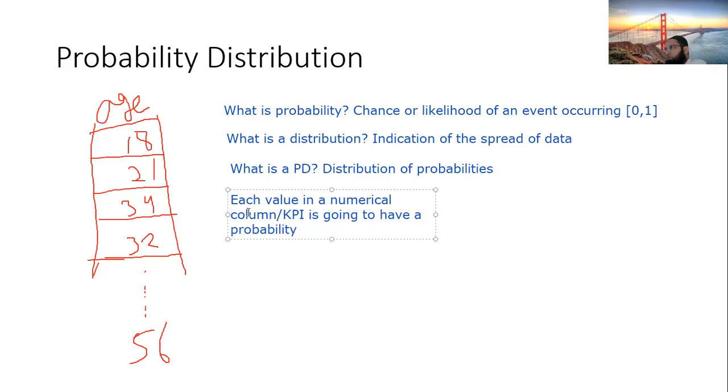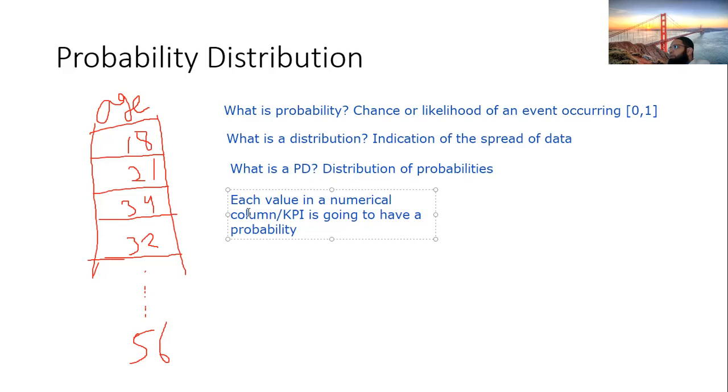For example, 18 years, 19 years, 20 years, 25, maybe 18 years has a probability 30%. That 30% of the IBA kids have age 18 years. And 19 years has a probability 40%. 20 years has a probability 10%. 21 probability 10%. And the remaining more than 21 years.